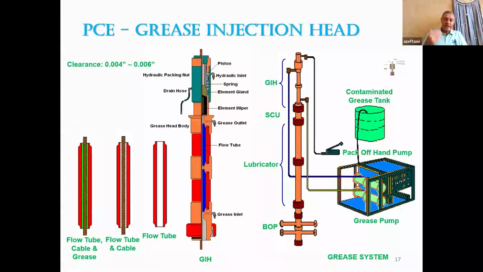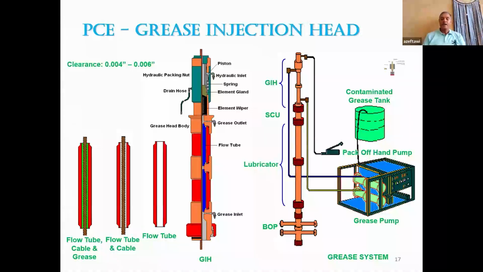So the leak you are getting from that is too small. But yes, there will be a leak. That's why if you start the job with the drum full of grease, you end the job maybe with two thirds of the drum, or three quarters, or half, or a quarter. It depends on the severity of the job. It depends on the duration of the job. But definitely you will lose some.